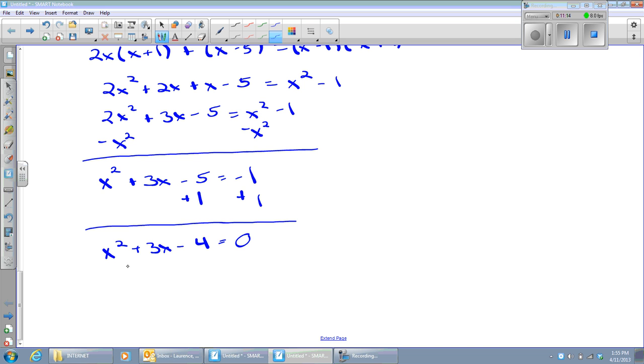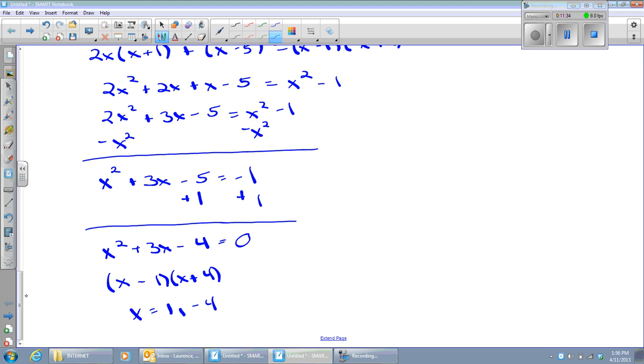And now we can factor. So when we factor this, we get a negative 1 and a positive 4. So our x's equal 1 or negative 4.